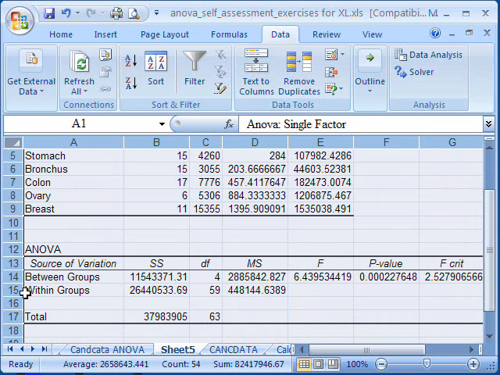And the ANOVA table is laid out in a defined format. So whichever statistical package you're actually using for analysis of variance, you'll find the same format. Sums of squares is the sum of the variability multiplied by the degrees of freedom.